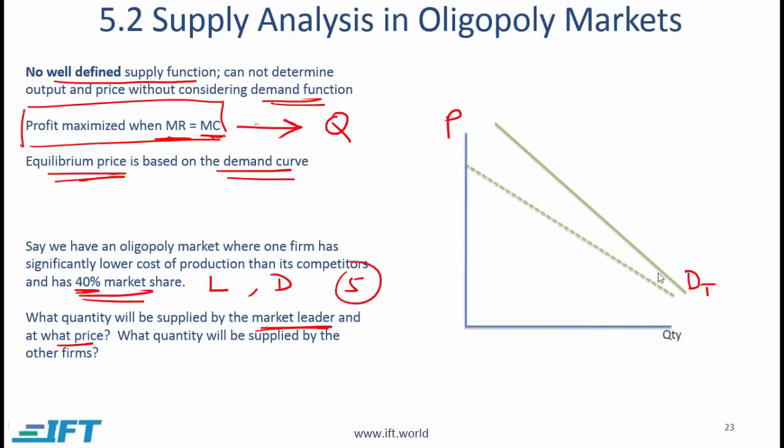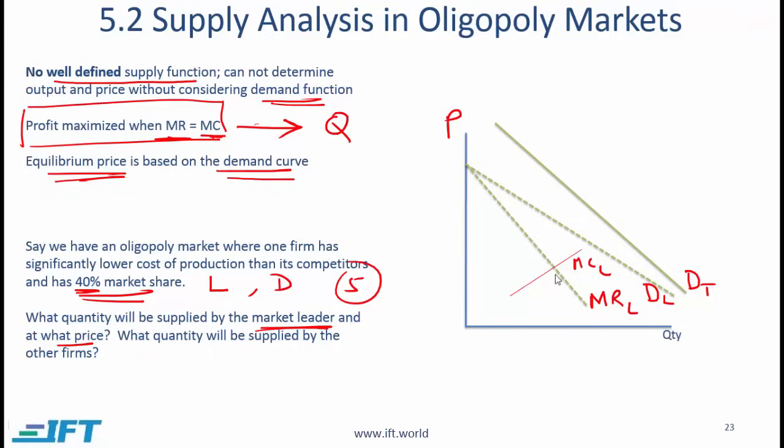This dashed line is the demand curve for the dominant firm or the leader. Let's say that this is the marginal revenue curve for the leader, and by now you should have realized that the marginal revenue curve will be downward sloping and steeper than the regular demand curve. This red line over here is the marginal cost curve for the leader.